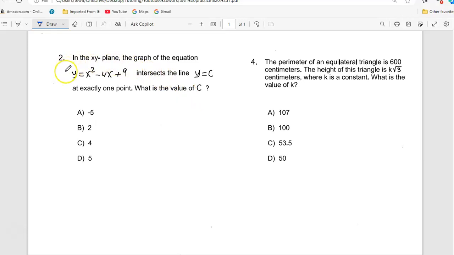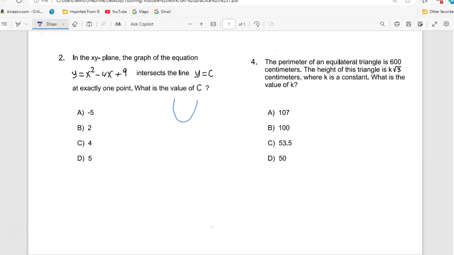So this equation is a second degree equation. It's a parabola, and it opens upward. How do I know that? Because a is positive, right? Just visualize it: the graph of y equals x squared minus 4x plus 9.